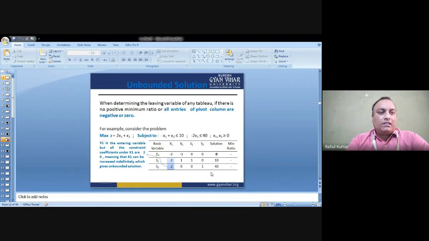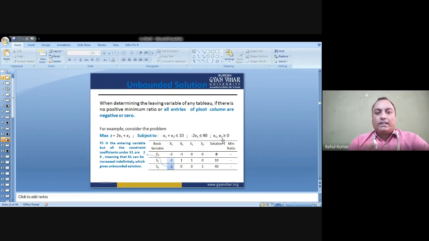This is a maximum z function, z equal to 2x1 plus x2, and this function is subjected to the constraints minus x1 plus x2 less than or equal to 10, and minus 2x1 less than or equal to 40, and x1 and x2 are greater than or equal to 0.